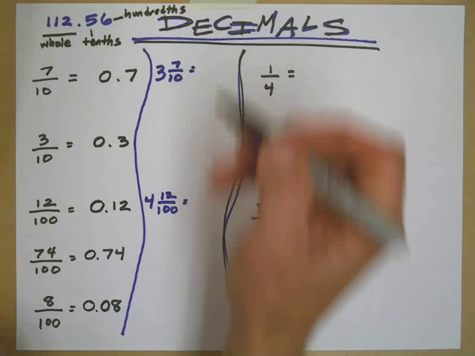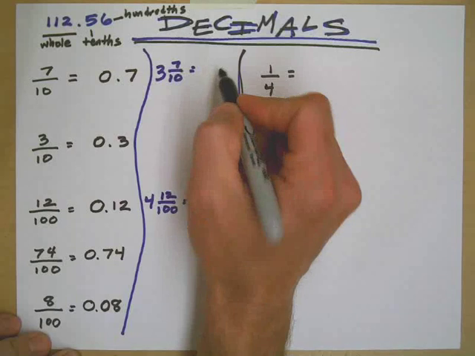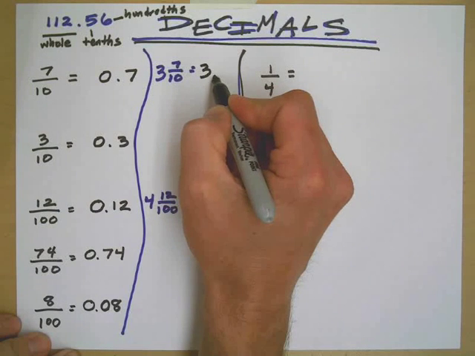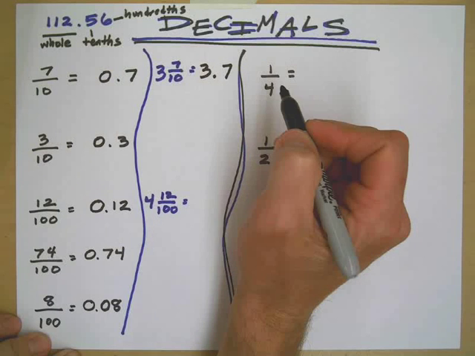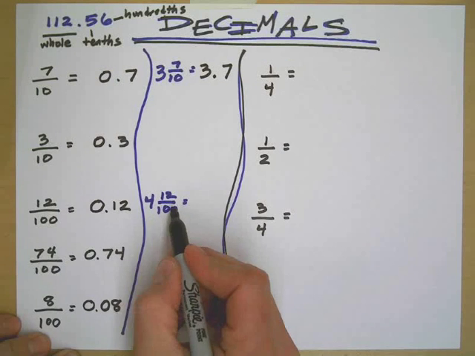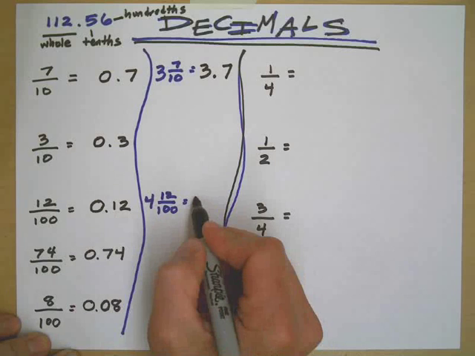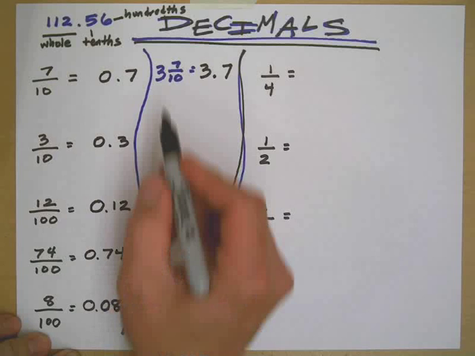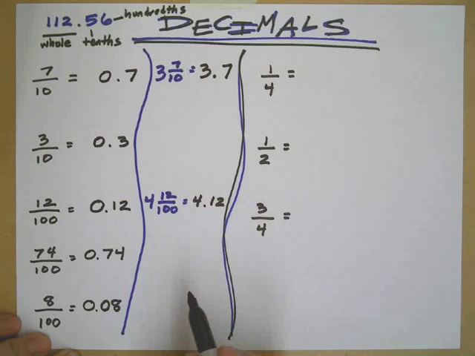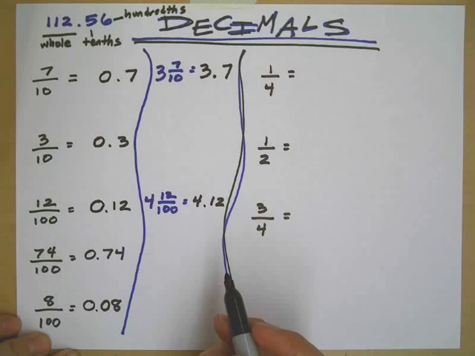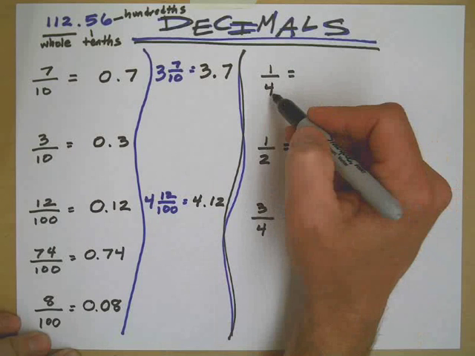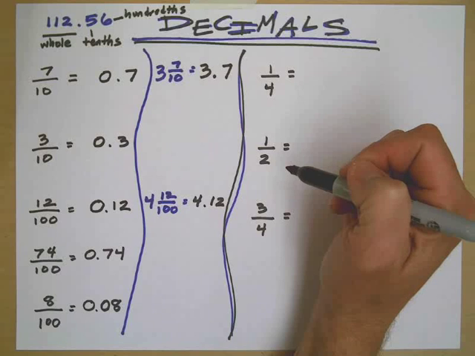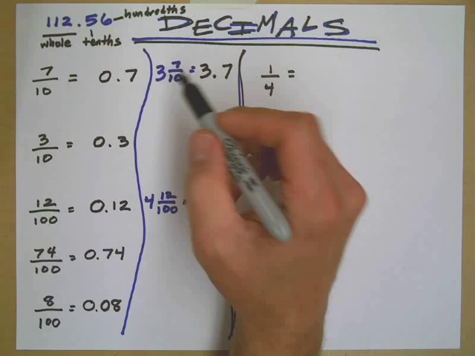The same logic applies. 7/10 is still going to go in the tenths place, but instead of having 0 wholes, we now have 3, and here is our 7/10. 4 and 12 hundredths isn't 0.12, it's 4.12. If we have any whole number out in front, we just put it on to the left where the whole numbers go.